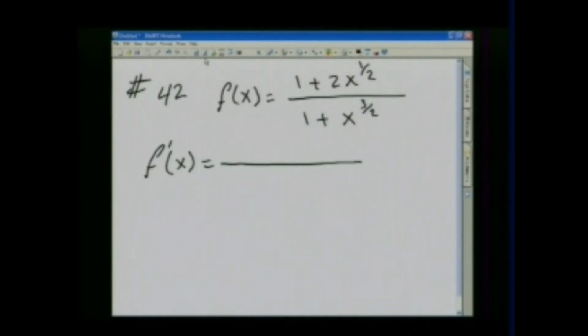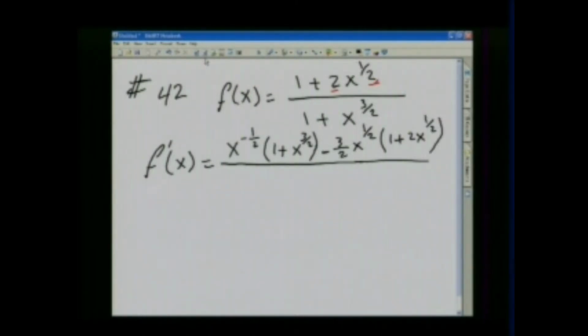Derivative of the numerator in this case is x to the 1/2 times 2 is 1 x to the 1, subtract 1 from the power, it would be x to the minus 1/2, times the denominator, which is 1 plus x to the 3/2, minus derivative of the denominator, which is 3/2 x to the 1/2 times the numerator, which is 1 plus 2x to the 1/2, divided by 1 plus x to the 3/2 squared. That's just following the rule.